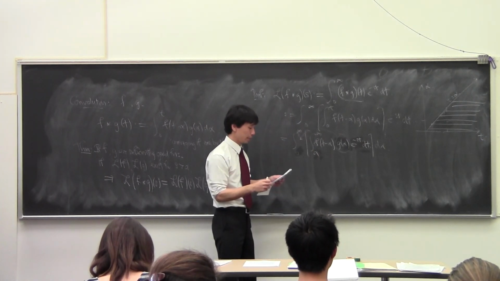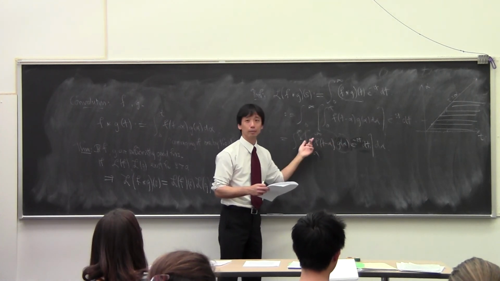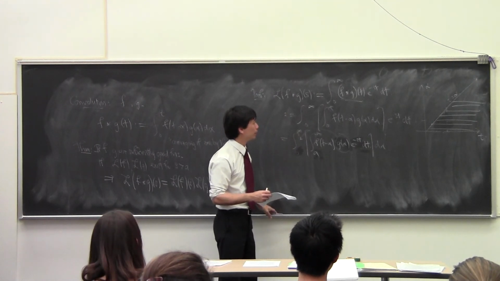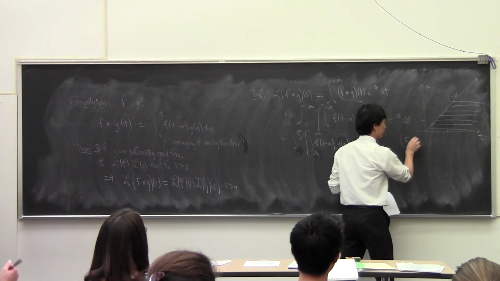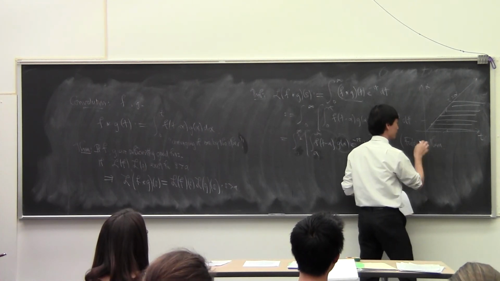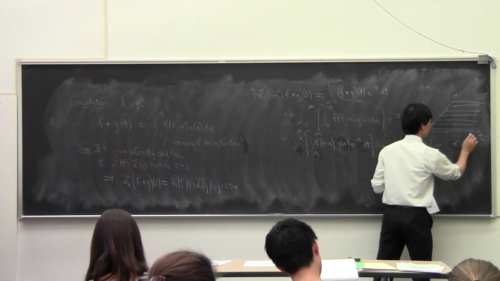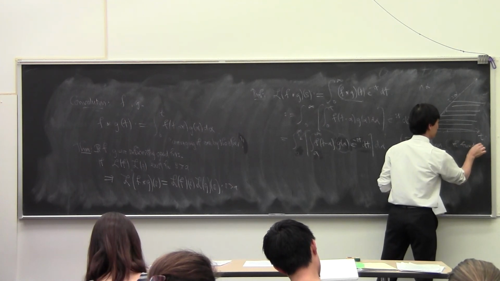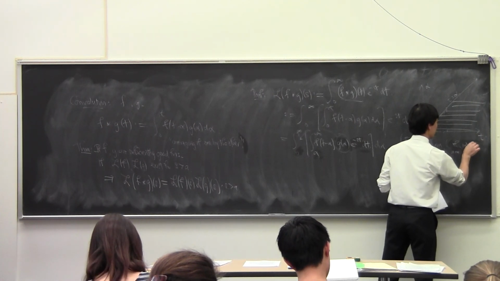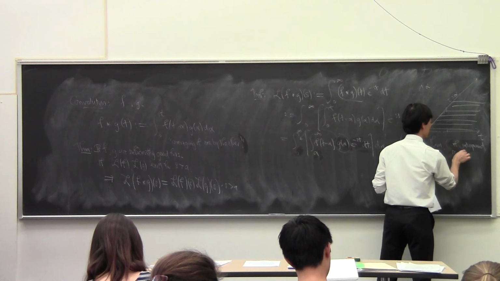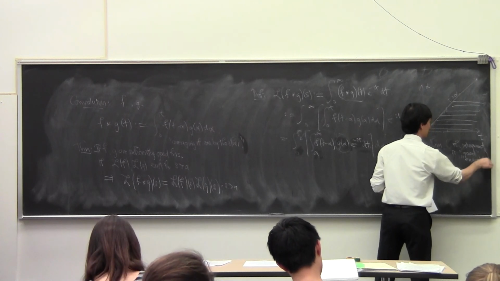That thing doesn't depend on t, and you can pull it out. So we can change the order of integration. This is actually a theorem called Fubini's theorem that you can change order, if your functions, the integrand, are good enough.